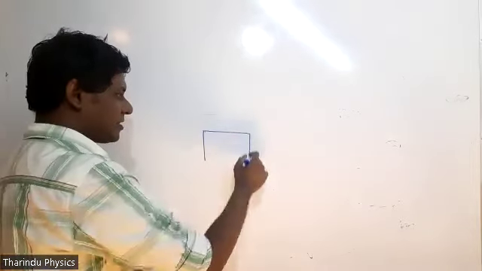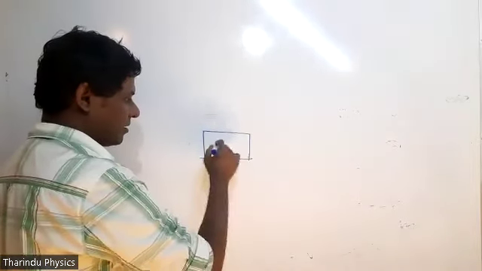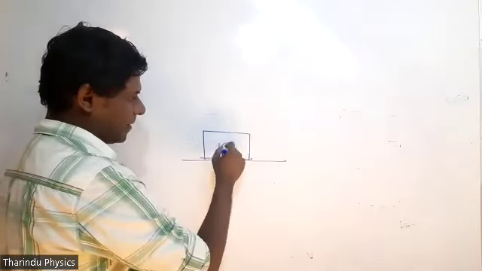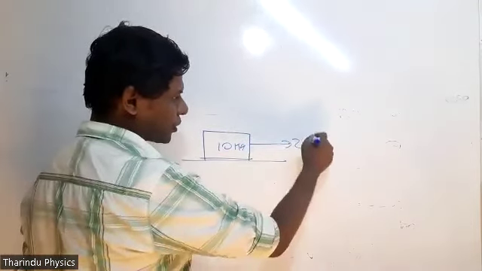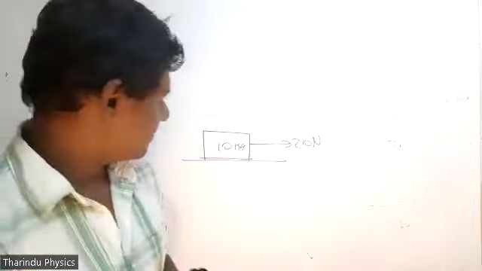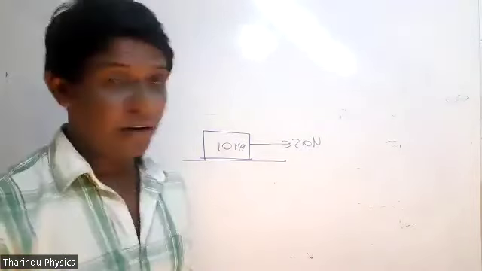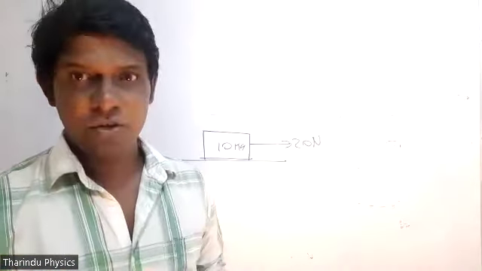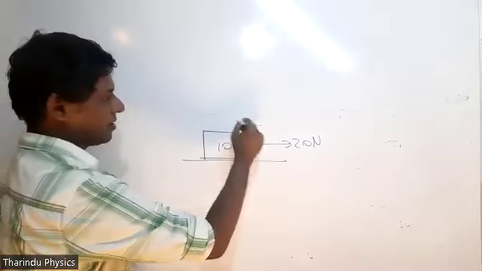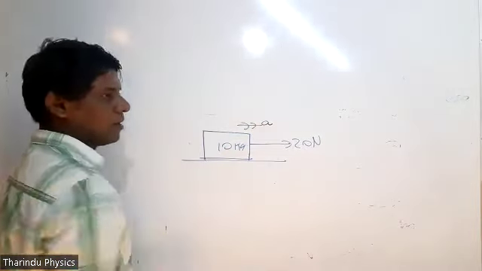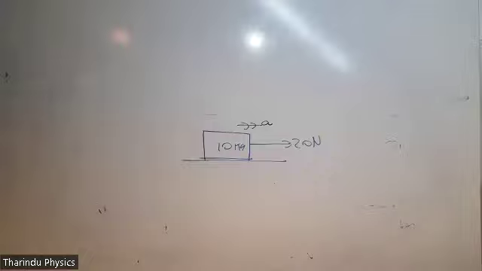The example is, when you apply a 20 Newton force on a certain 10 kilogram mass, your aim is just to find out the acceleration. So how can you do it?